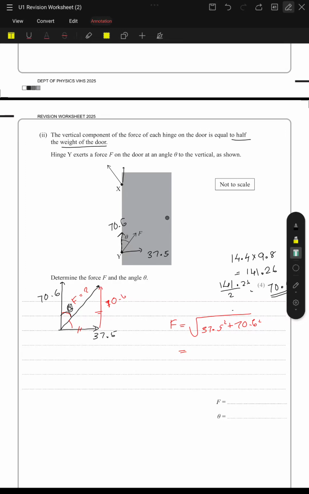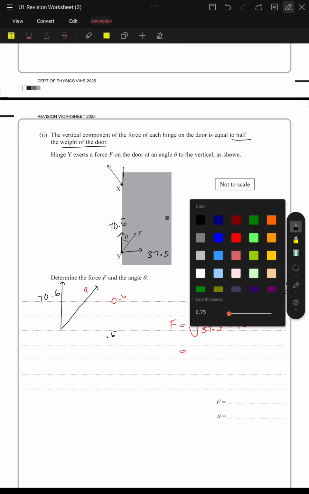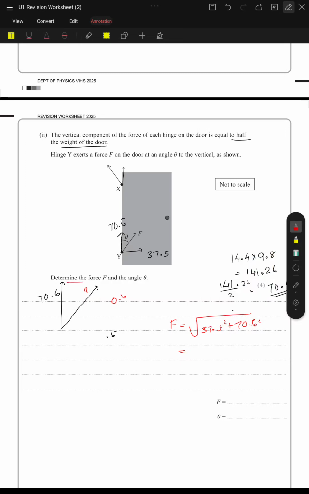Here it is easy if you are constructing a triangle like this. So rather than drawing the horizontal component of the force right there, we can draw the horizontal component of force like this. So this is the horizontal component of force. So that is equal to 37.5, and we have to find out this angle theta.